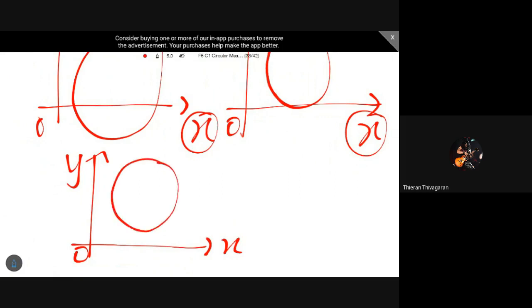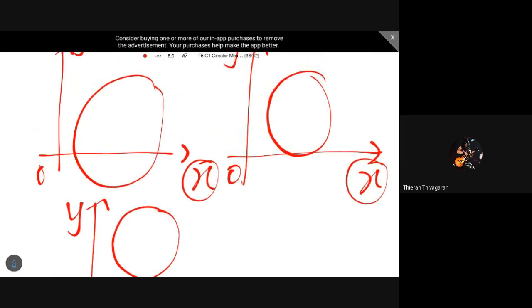Okay guys, can you tell me apa beza antara tiga bulatan ini? What is the difference of these three circles? Yes, persilangan. Some silang, some don't silang actually. Okay, so can you tell me over here? Ada dua titik persilangan over here. You can see 2 points of intersection of the circle with the y-axis.